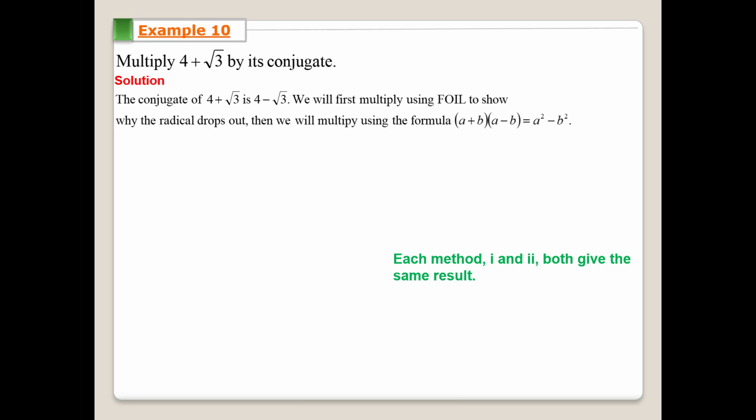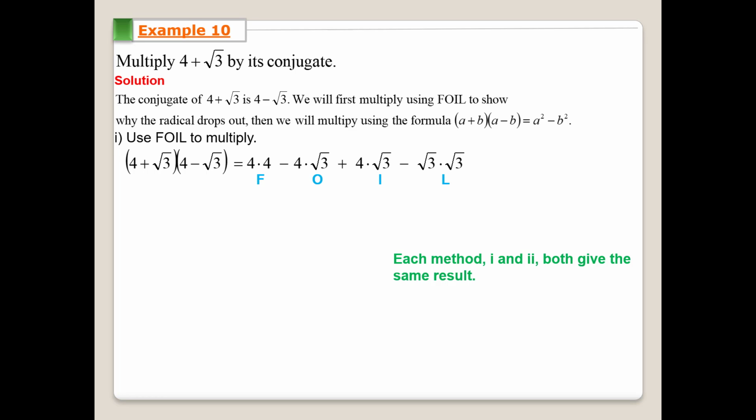So if we do this, do the FOIL method, right? The conjugate of that is 4 minus square root of 3. And of course, do the FOIL method: first, outer, inner, last. You can do it that way.